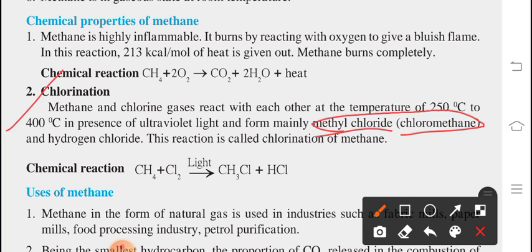So you just have to keep in mind that this is happening. How it is going to form, you will understand in your 10th standard. This reaction is called chlorination of methane. Its chemical reaction is CH4 plus Cl2, giving chloromethane, which is CH3Cl, and hydrochloric acid is formed.